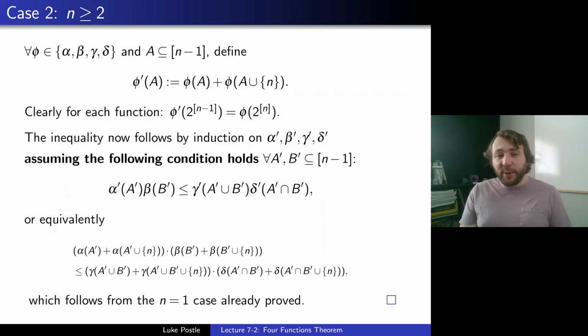You do the same for beta, the same for gamma, the same for delta. And if you do that, then the conditions on that one-dimensional set that we need for this to be true actually hold from the conditions of the whole theorem. So basically, we've already done this arithmetic, this analysis on the n equal 1 case, and that concludes the proof.